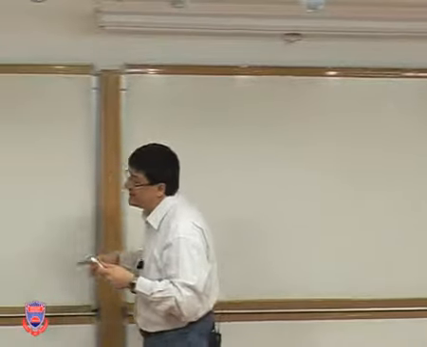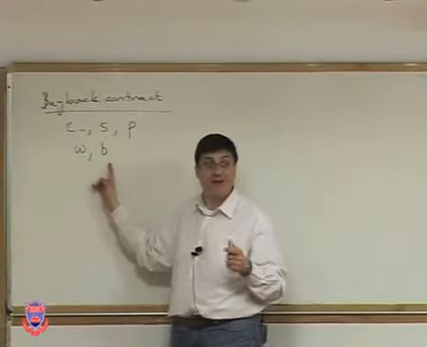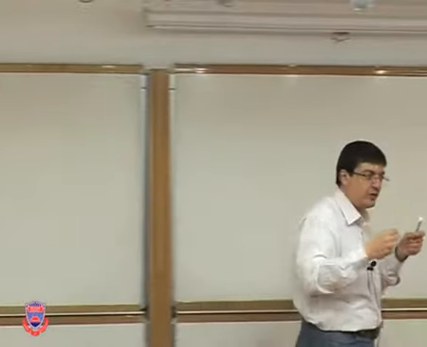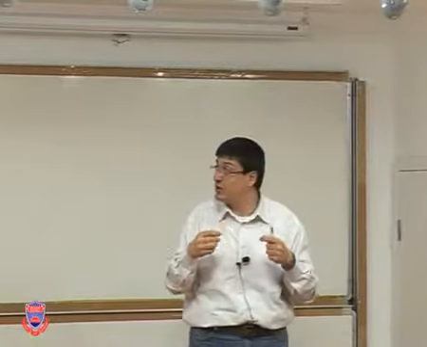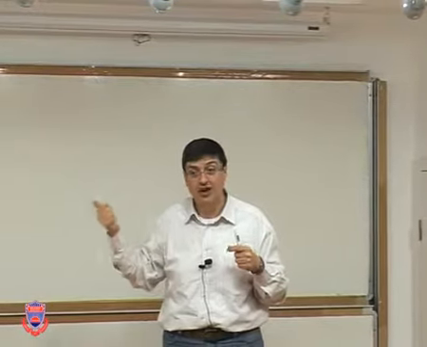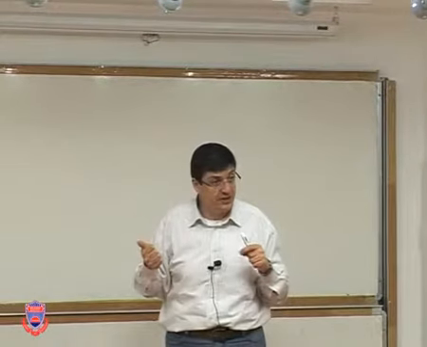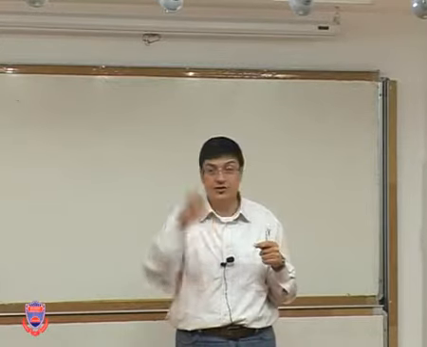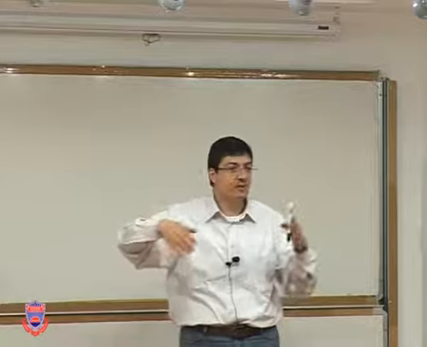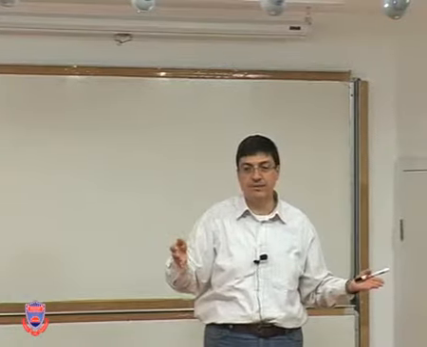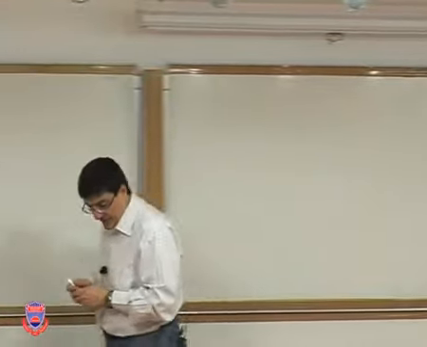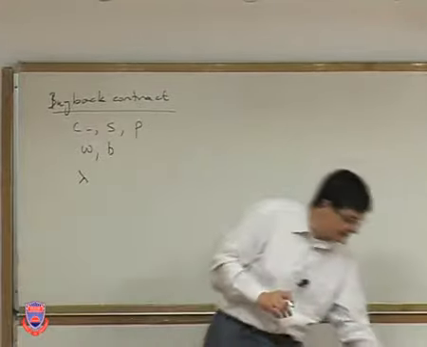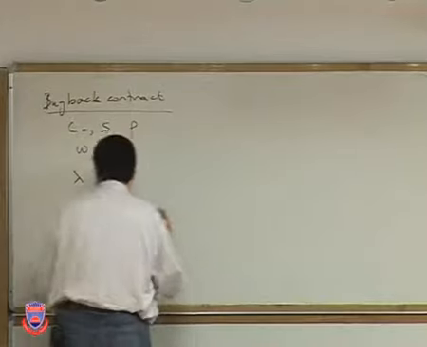The parameters which satisfy those two equations give us the buyback contract parameters, and each of those parameter choices yields a certain profit decomposition between the buyer and the vendor. As we did last time, lambda is, if you recall, part of the two equations that we are going to have.